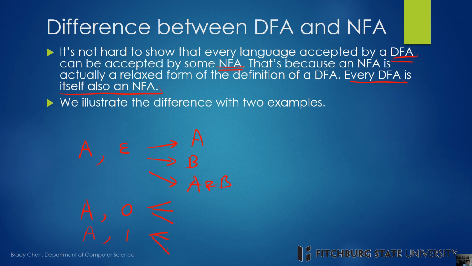NFA could be more relaxed, but DFA is very strict. But a DFA can also be regarded as an NFA. So DFA is a special form of NFA. We're going to illustrate these differences with two examples next.